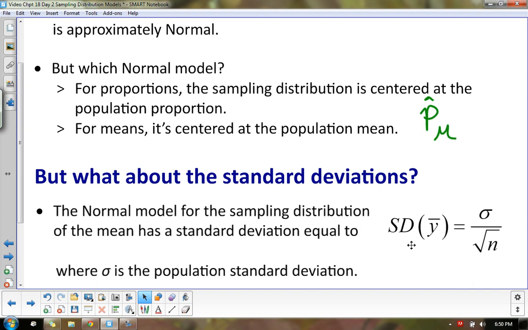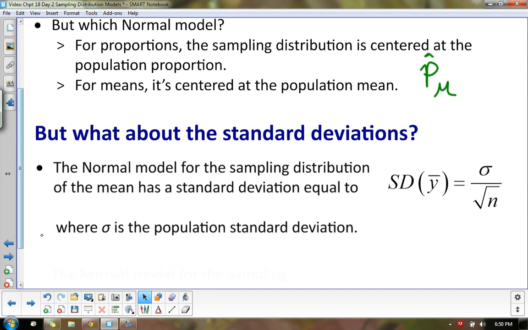Now, this is important to know. For any normal model, the sampling distribution of the mean has a standard deviation equal to the standard deviation of the population divided by the square root of the sample size. Okay?